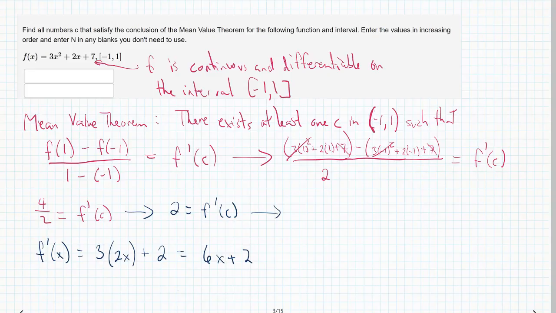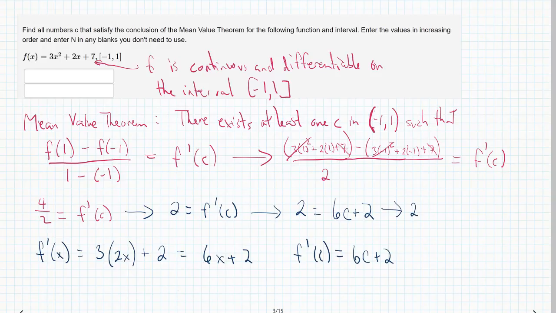Okay. So you get 2 equals, before I get ahead of myself, f prime of c would be 6c plus 2. They want c, so we'll solve for c.